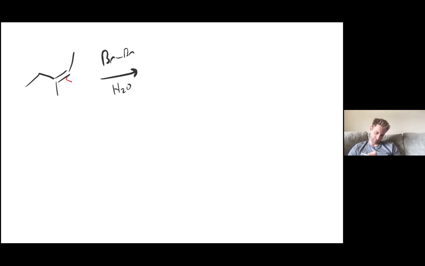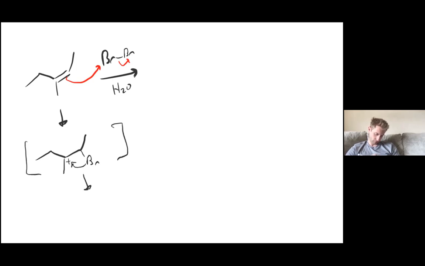In our first step, we're going to attack this Br, form a temporary transition state, which is going to close. I'm just going to draw one of the two enantiomers to get to here.